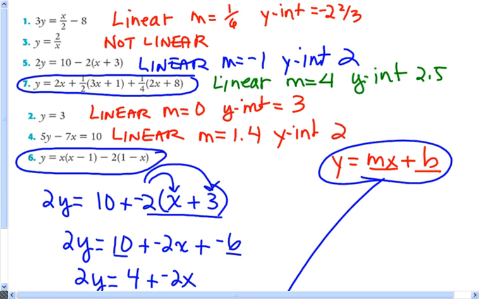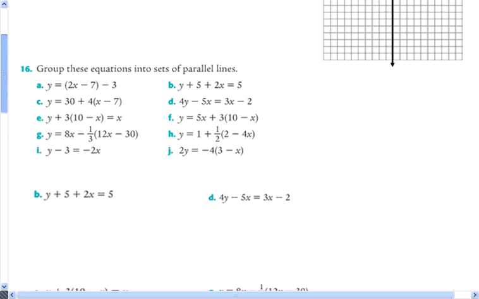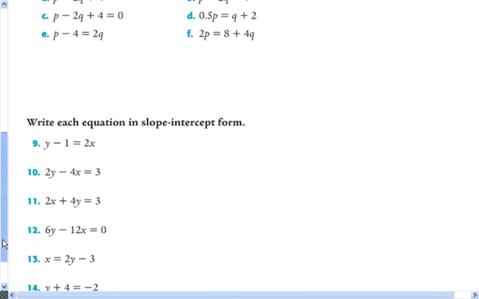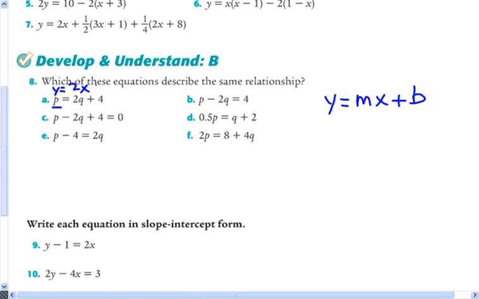All right. So there's one more for us to do here in class. And there's a couple other problems we're going to do in class also, using those same methods. Right here, it says which of these equations describes the same relationship. So to figure that out, if you ended up with the same equation when you put it in slope-intercept form, in other words, if they all had the same slope, and don't let the letters mess you up, this is just like saying y equals 2x plus 4.